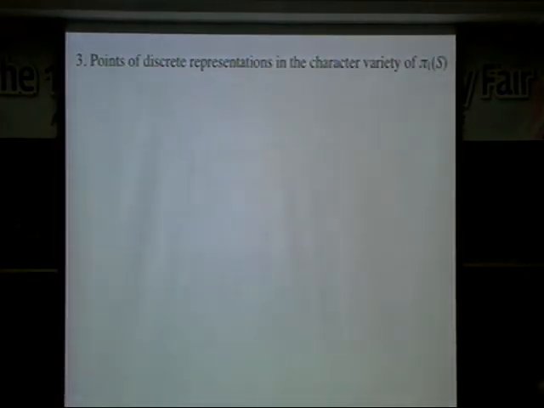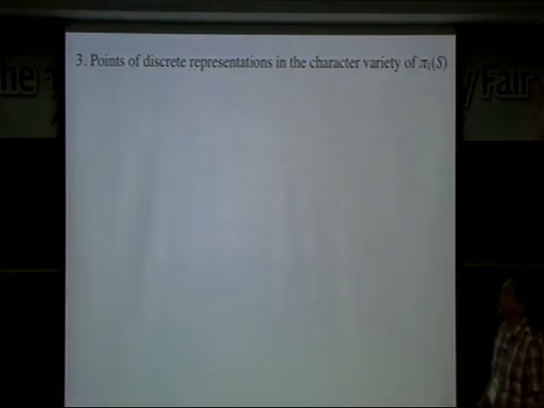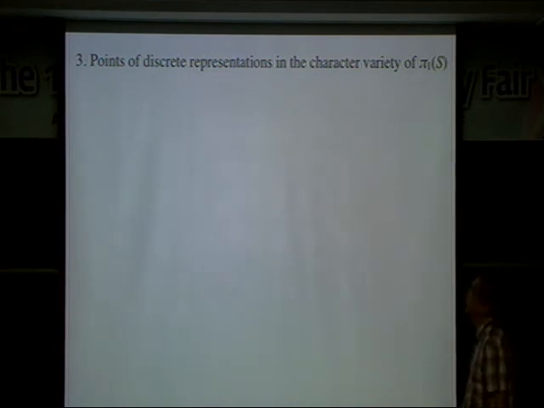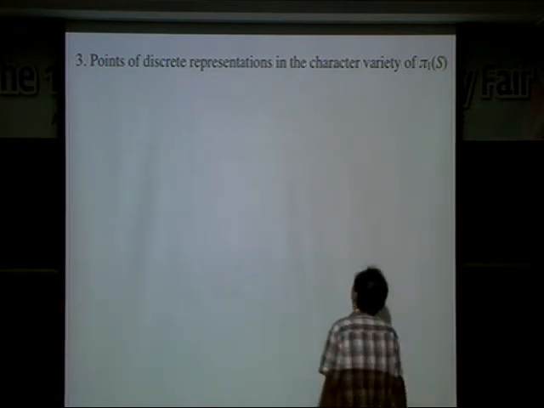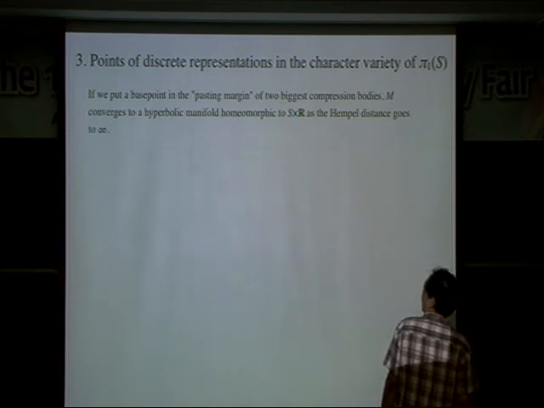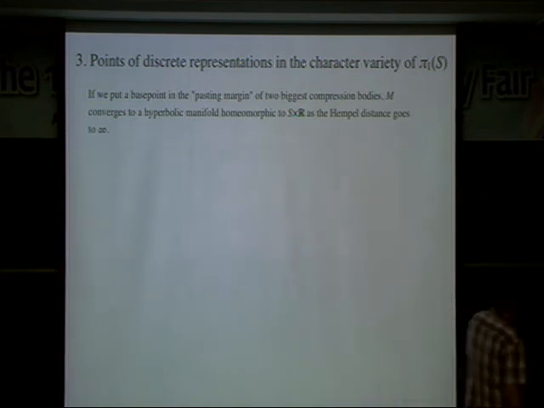And well, I still have two or three minutes. So the third project is about points of discrete representations in the character variety.